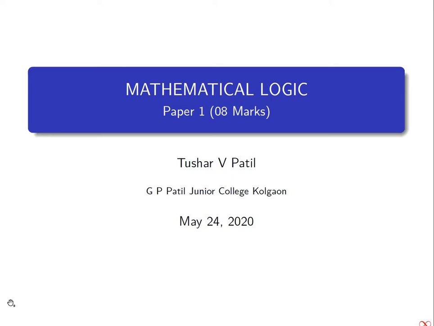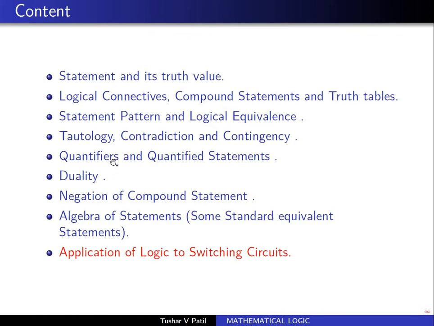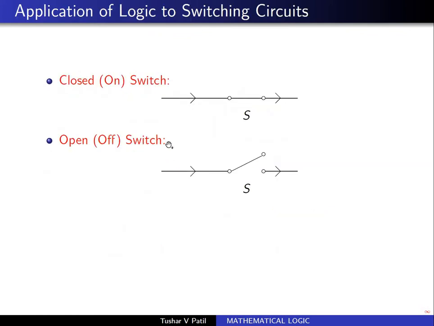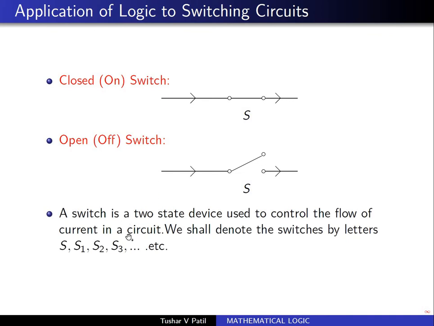Now we define the term switch as follows. Here is some content of this chapter. A switch is a two-state device used to control the flow of current in a circuit.